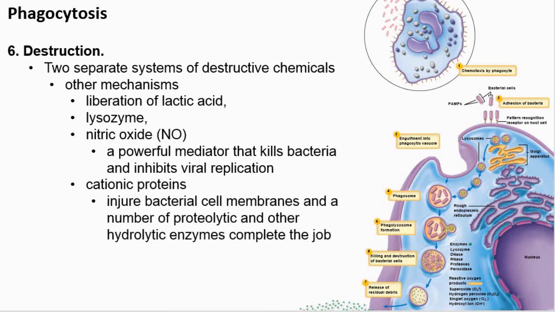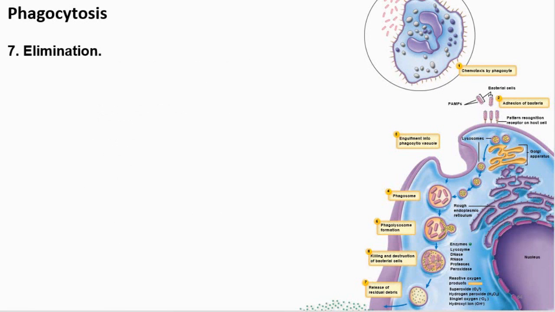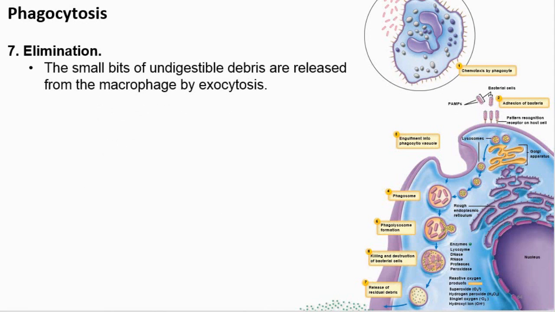Okay, so once we've destroyed it, we don't want to leave it in there, right? So that is where elimination comes in, and this is where we release the pieces of it via exocytosis. Some of it's just released out into the interstitial fluid or the blood or wherever this phagocyte happens to be. Some of these, though, are then taken to a lymphocyte and presented to one of the lymphocytes.